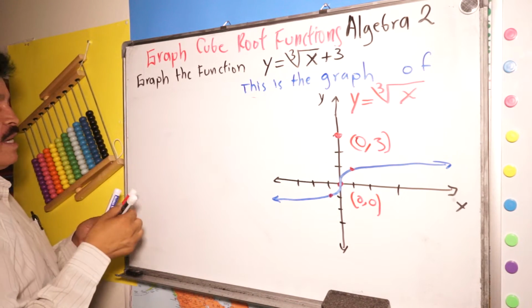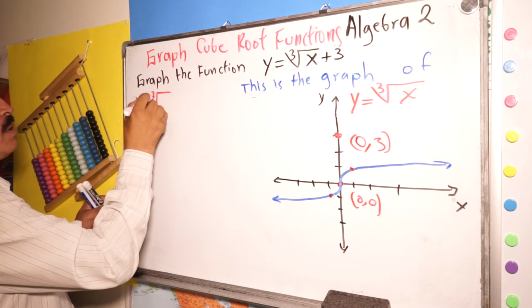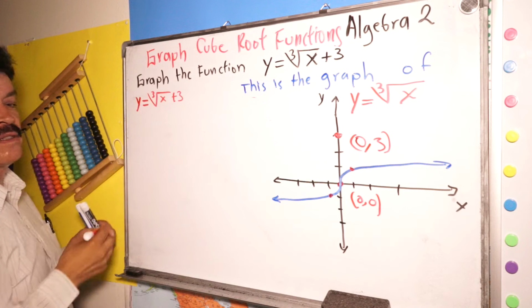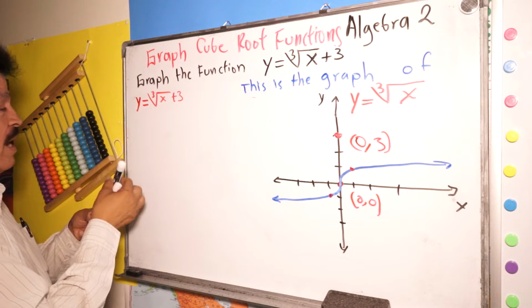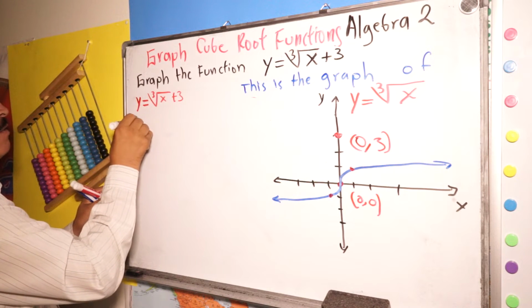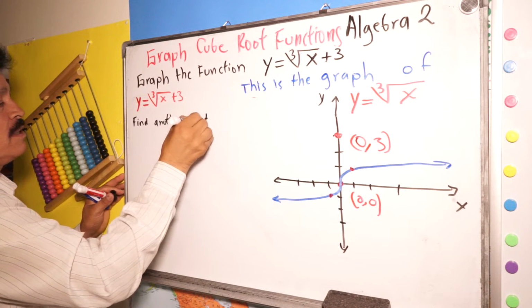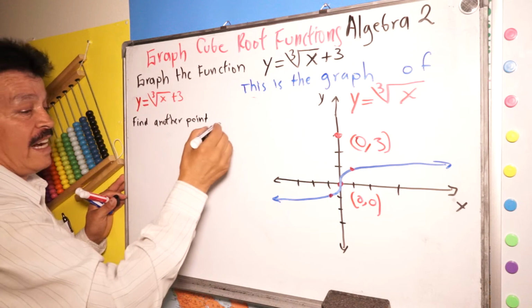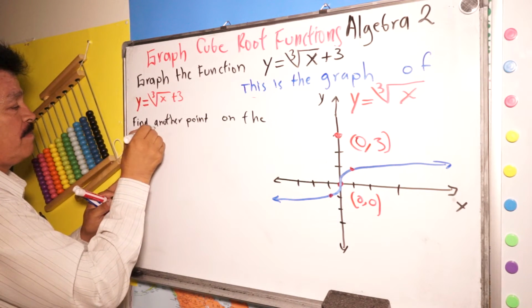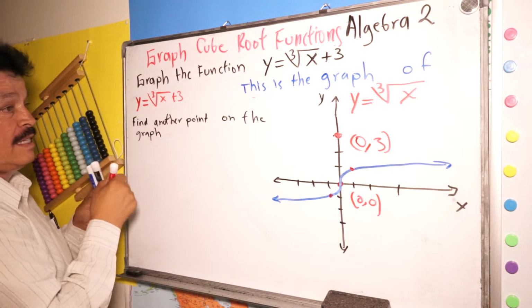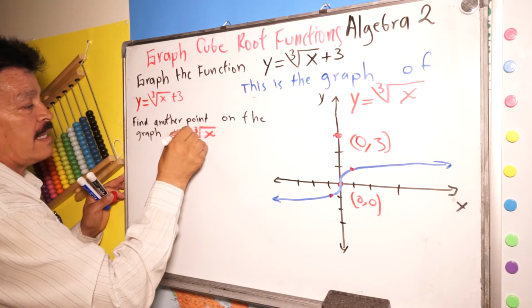So if we have y equals cube root of x plus 3, we have to find another point on the graph y equals cube root of x.